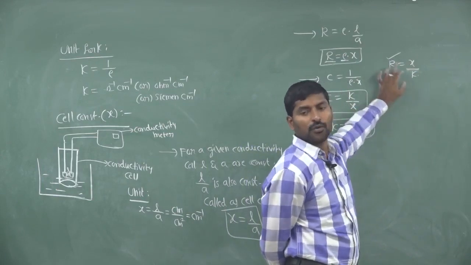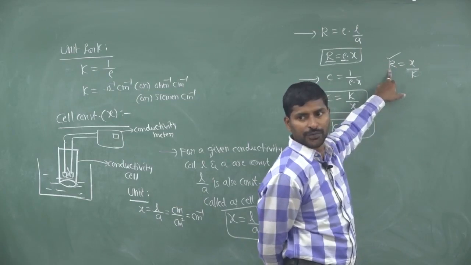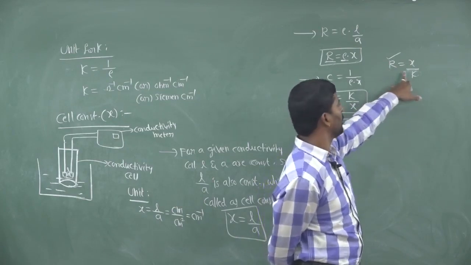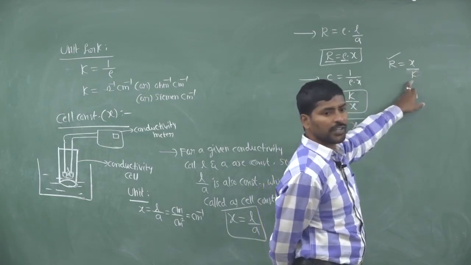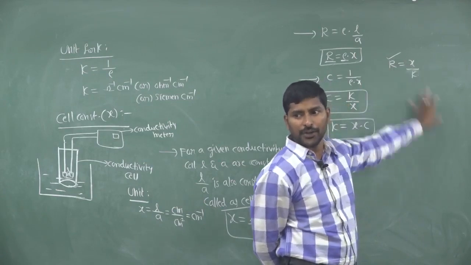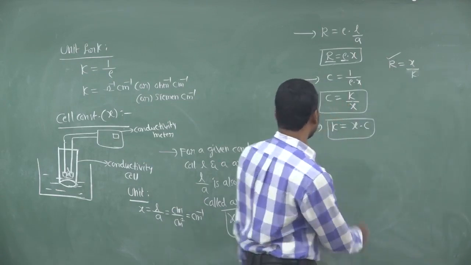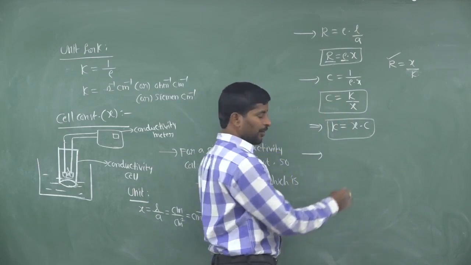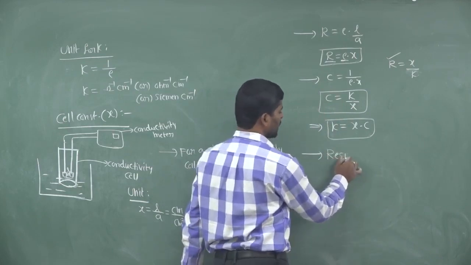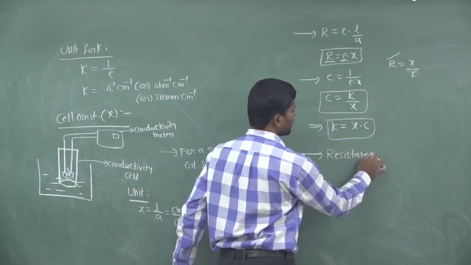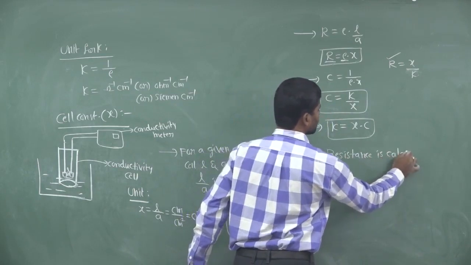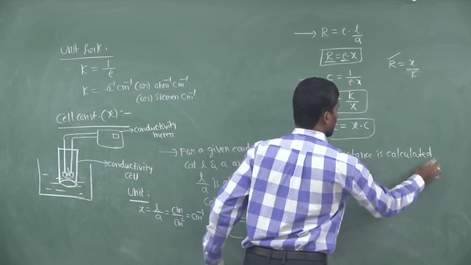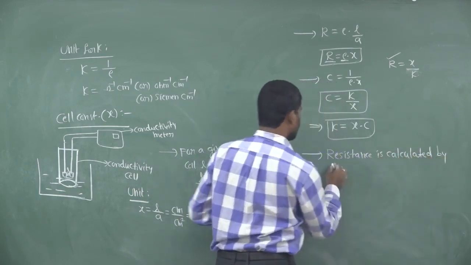And how generally can we calculate resistance? Resistance is calculated by taking a solution whose conductivity value is already known. For that purpose we use KCl solution, right?